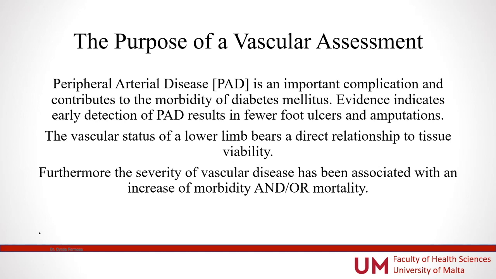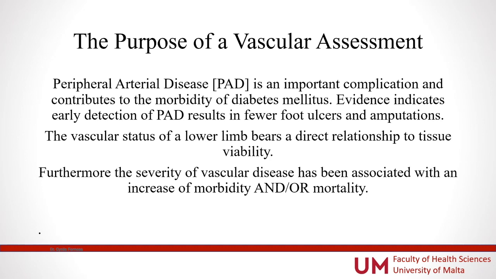So what is the purpose of a vascular assessment? Peripheral arterial disease is an important complication and contributes to a lot of morbidity in diabetes. Evidence indicates that early detection of PAD will result in fewer ulcerations and amputations. And we also know that the vascular status of the lower limb bears a direct relationship to tissue viability.